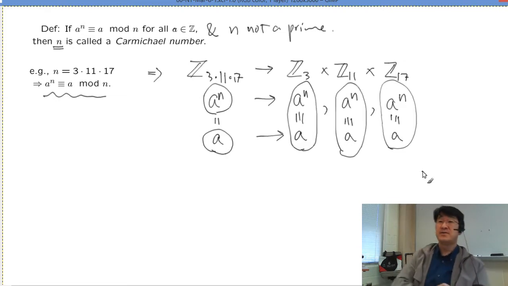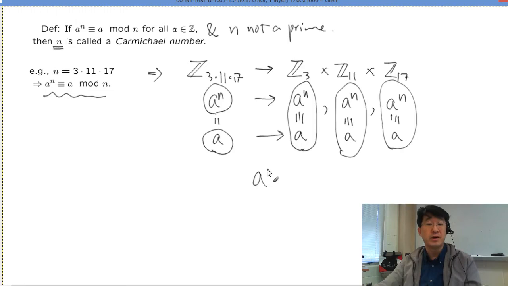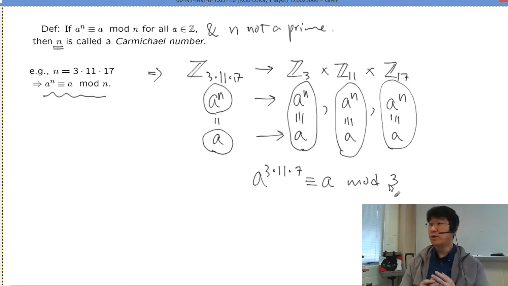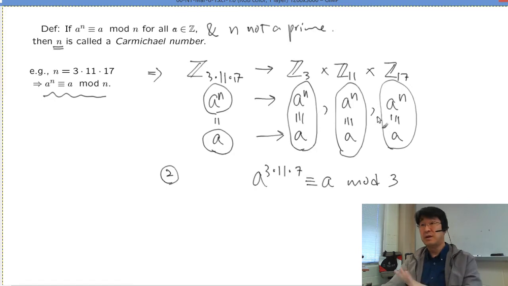Let's try Z mod 3. You were asked to show a to the 3 times 11 times 17 is congruent to a mod 3. That's what you're asked to prove. It was one of the homework problems. If the power is this large, you can knock it down by multiples of 2 for mod 3, multiples of 10 for mod 11, multiples of 16 for mod 17. They all become trivial.